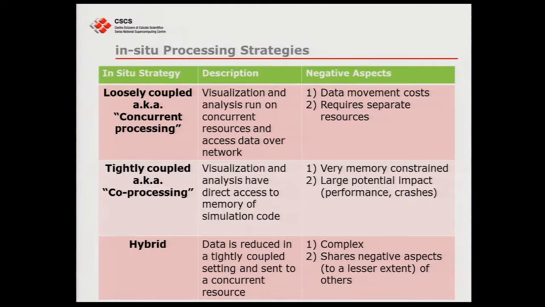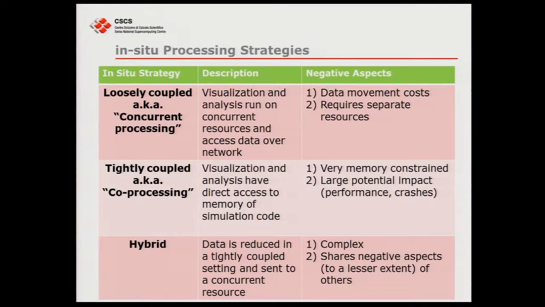Multiple ways, multiple techniques have been used to do this. The so-called loosely coupled or concurrent processing. This is where we use one supercomputer and another supercomputer or cluster connected to it via wires, and we send the data over the wires instead of to disk. It requires quite a bit of work in terms of resources.